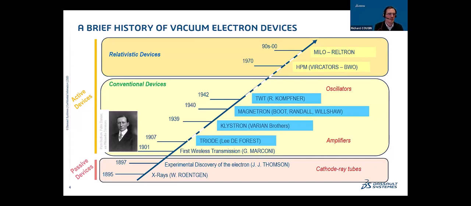And in the 70s, due to the technology, and especially the technologies related to high power generators, we were able to develop relativistic devices and so-called high power microwaves. This started in the 70s, and they are still developed nowadays as research activities and are still studied in different areas and countries.